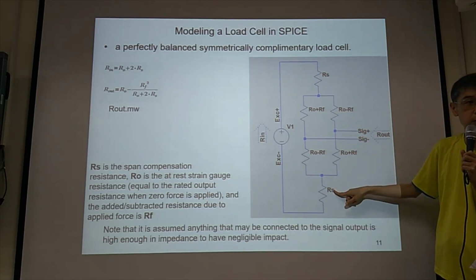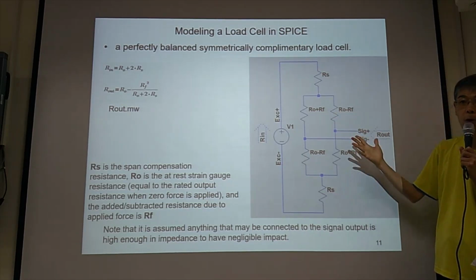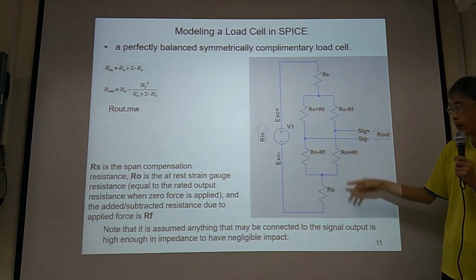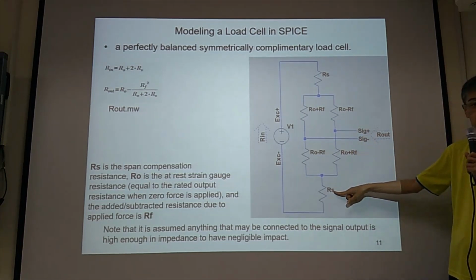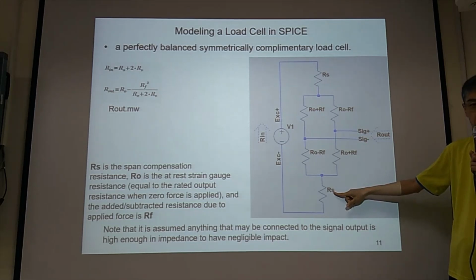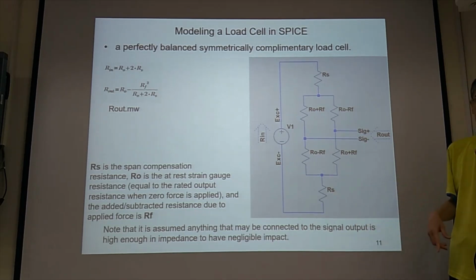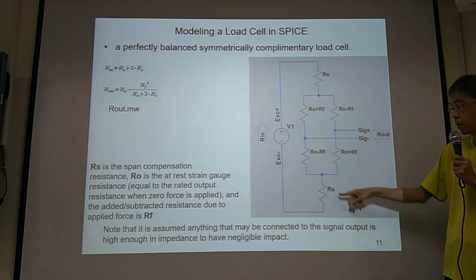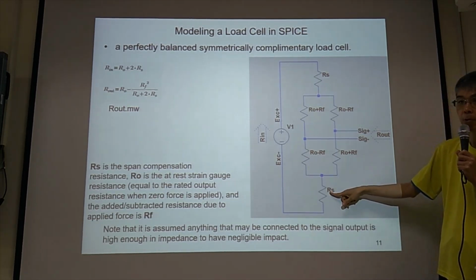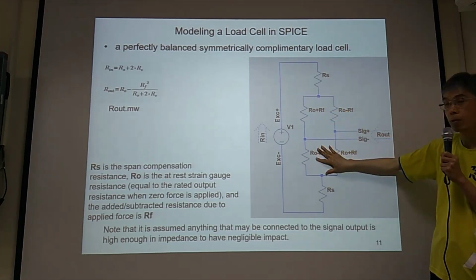RS is the series resistance. You have wire, so RS here. What is RS? The series resistance, where does it come from? The wire? Sometimes it's the wire, but sometimes we intentionally put this resistance here to compensate this Wheatstone bridge.